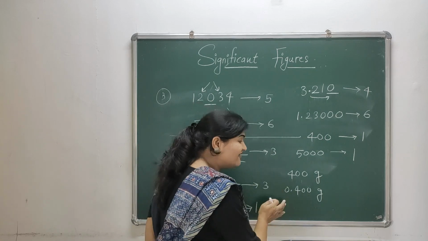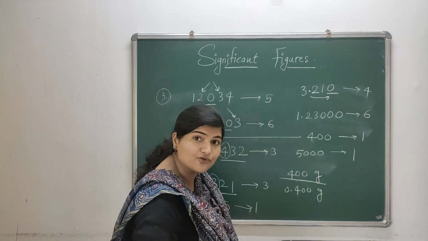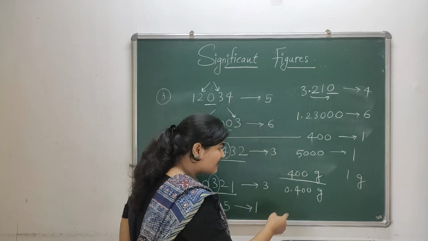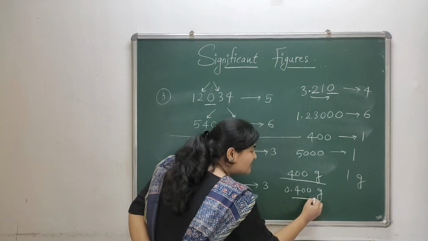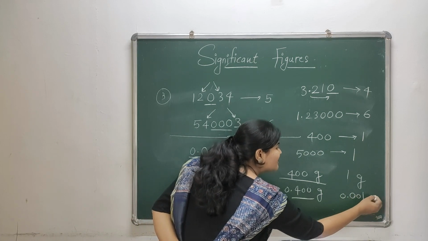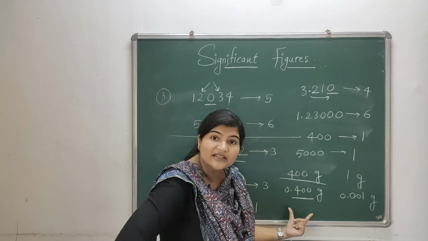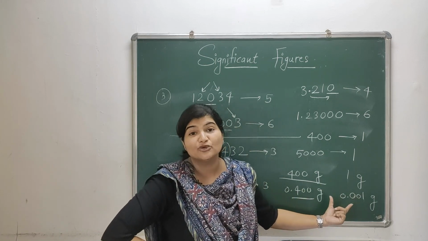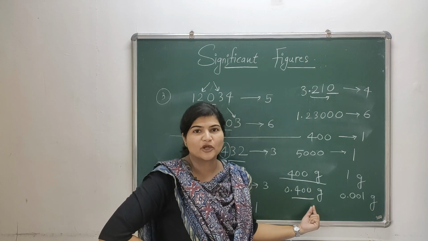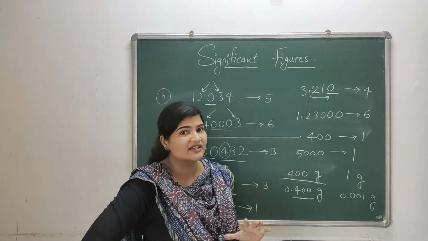Then looking at the figures, I can tell that this sample is measured on an instrument having a least count of 1 gram. But this is measured on an instrument having a least count of 0.001 gram. So that is why when we are talking about decimal points, the least counts of instruments come into the picture and it becomes necessary to count the zeros on the right side of the decimal point. But when there are no decimal points, the zeros will not be significant. I hope you are understanding, right?